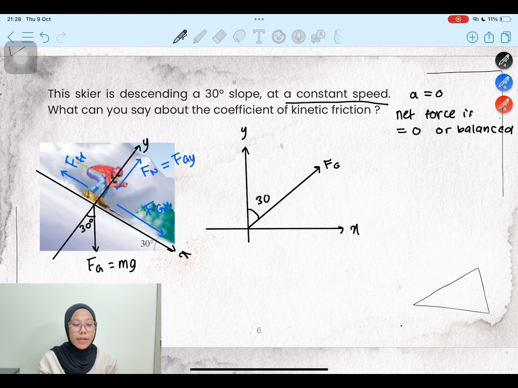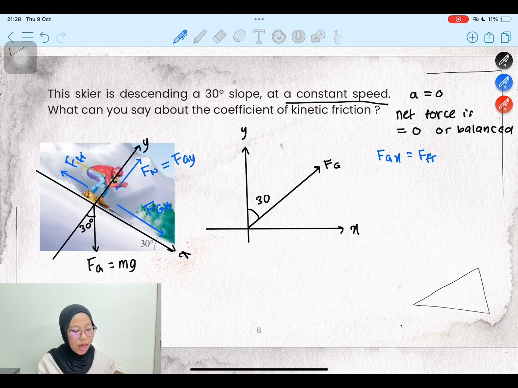So let's solve this problem together. Like I said before, net force equals 0, or balanced, which means that our Fgx is actually equal to the friction. Because a equals 0, there is no acceleration and the net force is balanced. So the x component equals the friction.